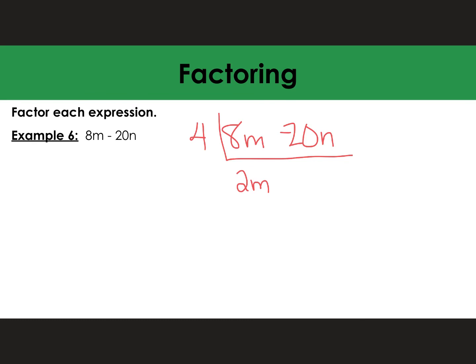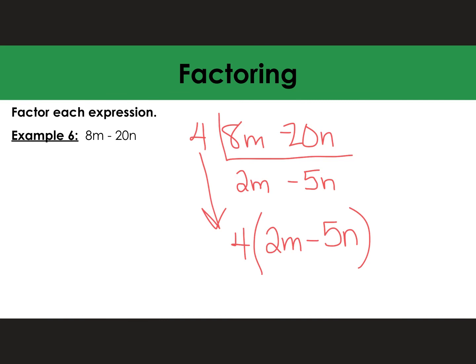And 4 times a negative 5n would equal negative 20n. So I cannot factor anything out of 2m and negative 5n. So my GCF is going to go in front, and then what is left, including the negative sign, will go in the parentheses.